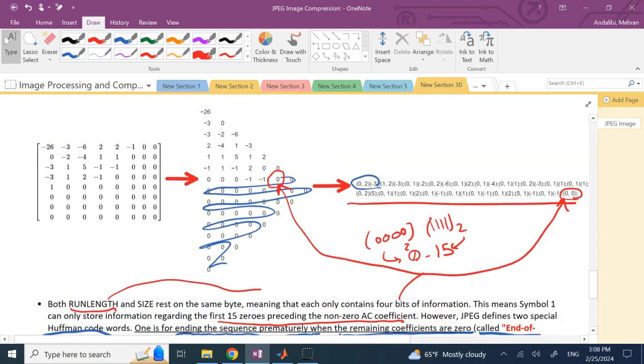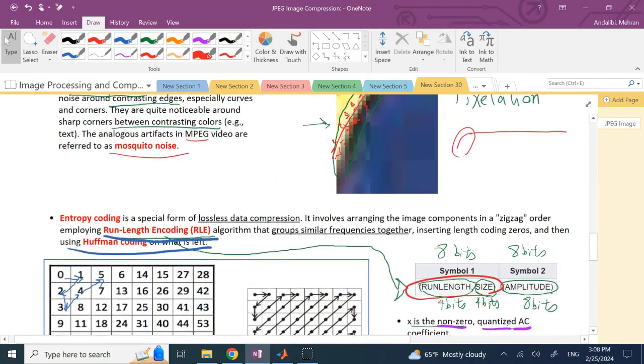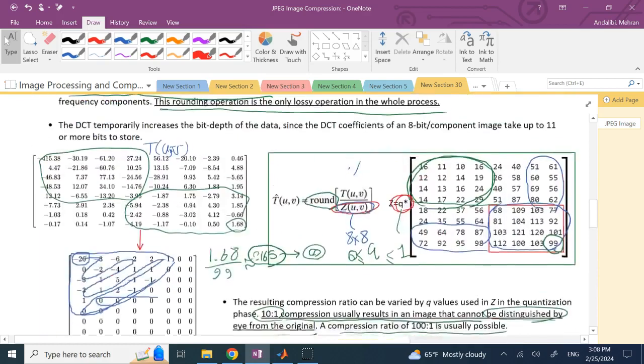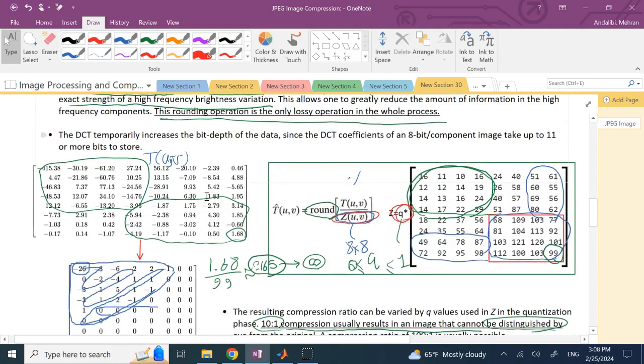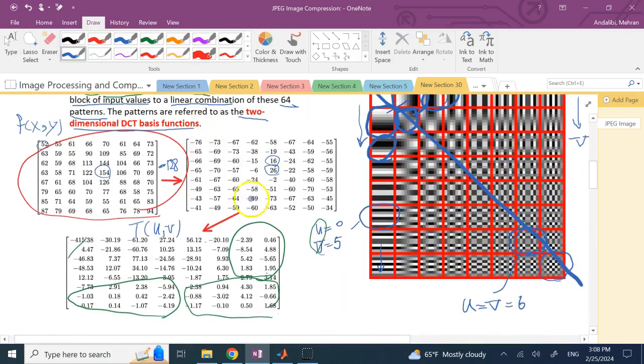Okay, so this is one thing, this end of block that you see also in the code and in the JPEG algorithm. I wanted to explain that, and there is one other thing I wanted to explain, and that is the discrete cosine transform that we applied, right, and we went from basically this to this to this. What it does, if you look at the numbers, here all of these numbers are between 0 and 255, but if you look at these guys, they have a decimal point and two extra digits after the decimal point.